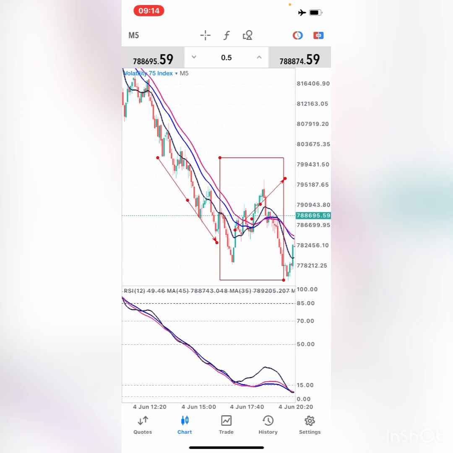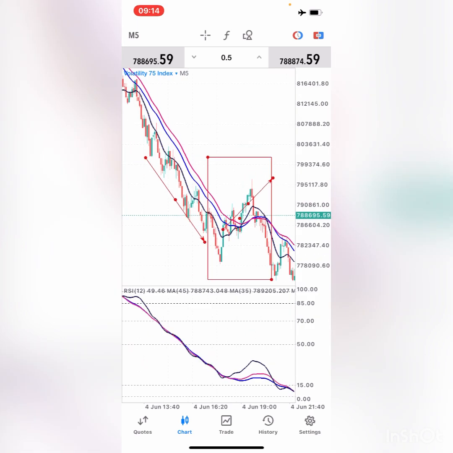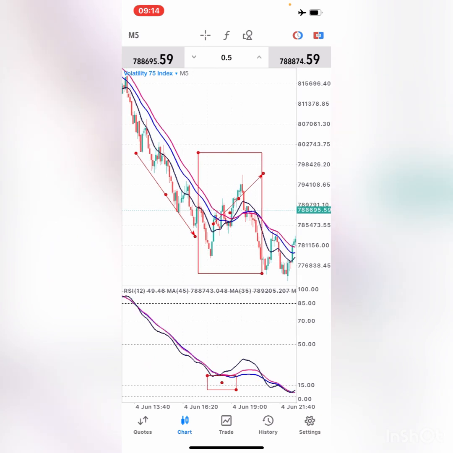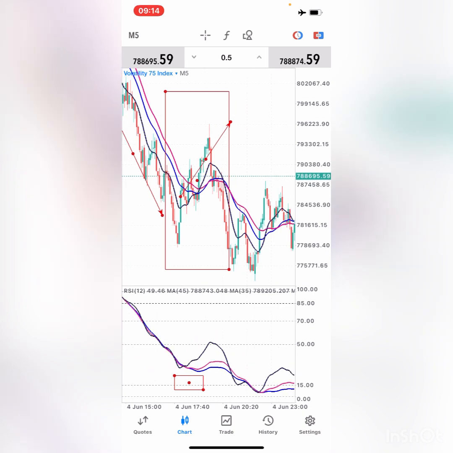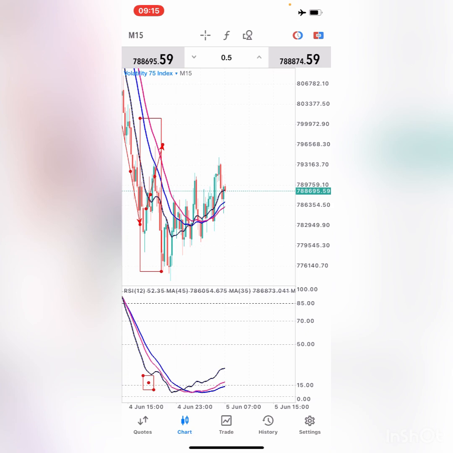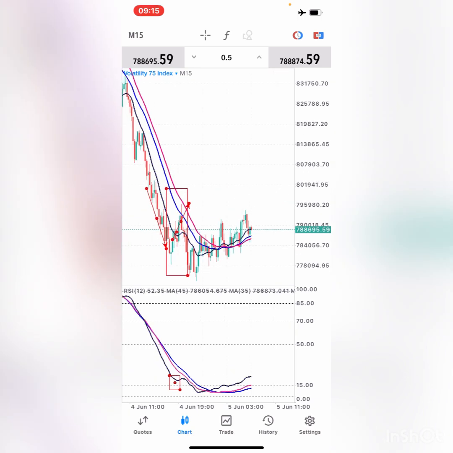And all I have to do now is to look, do I have my lines in my 15 region or not? And as you can see, they were not close to the 15 region. That's why you see that this movement didn't even go up that much, because we are not yet in our 15 to 0 level, right? That's why you see that there was not much of a movement there. And that's not a problem. You always find better opportunities, right?